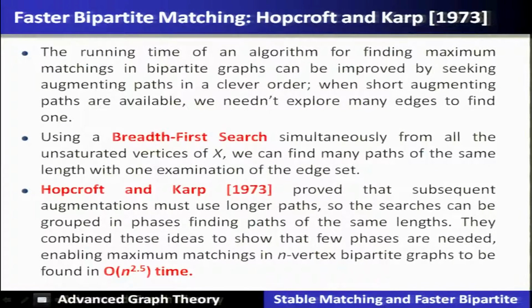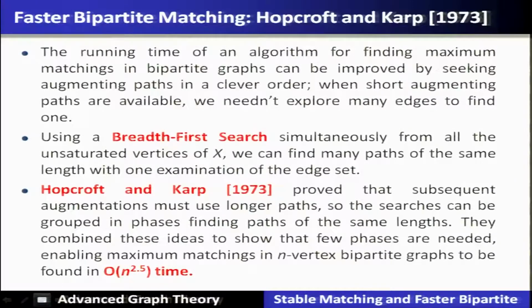So, using that property, breadth first search simultaneously from all unsaturated vertices of one partite set X will find many paths of the same length in one examination of the entire edge set.